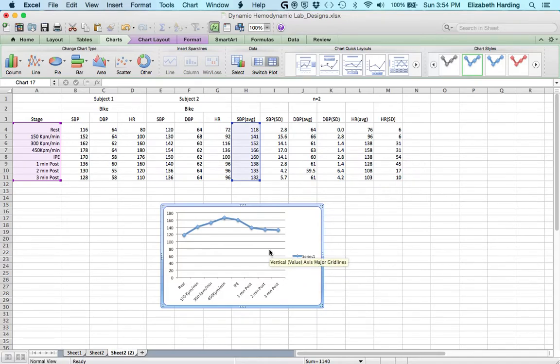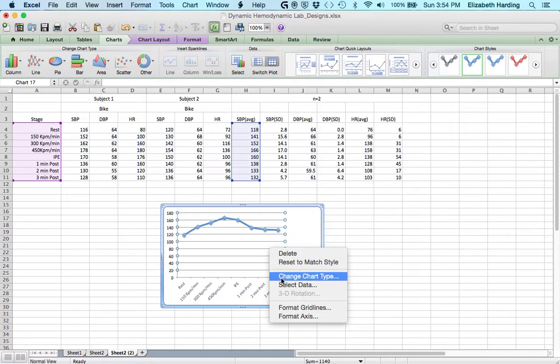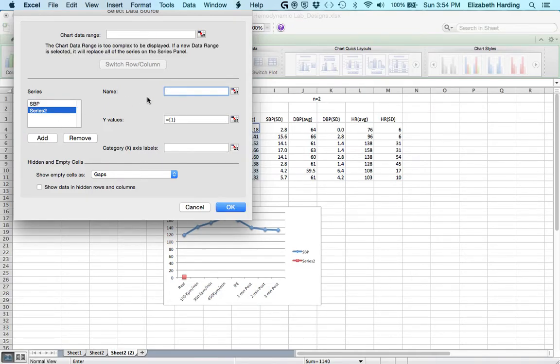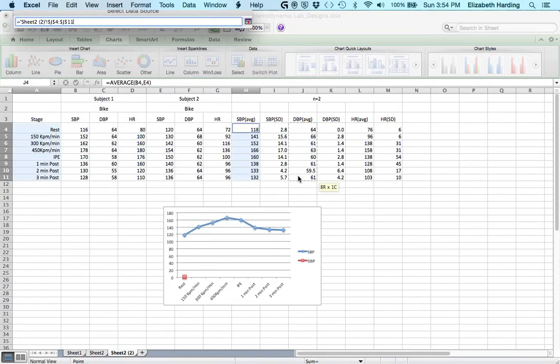So we're going to go ahead and right click here, and I'm going to graph our 3 variables on the same chart. First of all, we need to name our series 1, which is our systolic blood pressure. And then we're going to add diastolic blood pressure to this, and I'm going to select mean diastolic blood pressure over here.